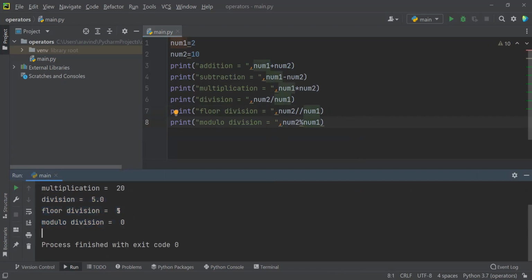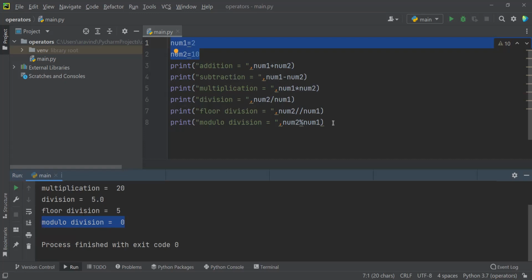Now the difference between the division and modular division is, when I divide 10 by 2, I got 5.0, which is the quotient. So normal division returns the quotient. But with modular division, when I divide 10 by 2, I got 0 because it returns the remainder. So what is the remainder of 10 divided by 2? When we divide 10 by 2, we got 0.